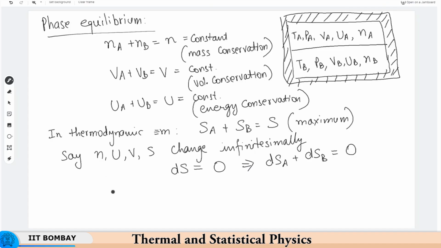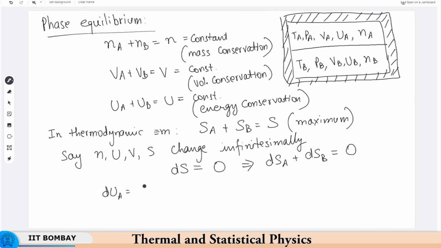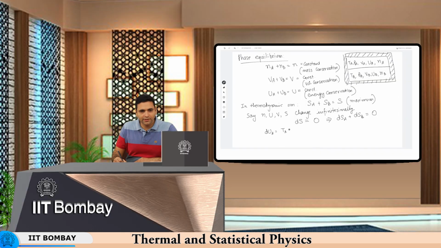And what we can do is write this infinitesimal change in phase A as dUA. This is just the first law applied to phase A: TA dSA minus PA dVA plus mu A dNA.